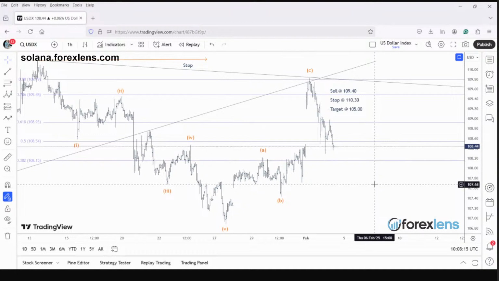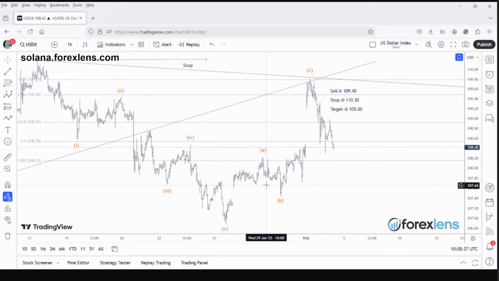If you can just catch that, we've got another 5 wave lower or higher. All right, so the stop for the dollar index remains at 110.30, and one can go short right now, or it could still be after a while, maybe around 109 or so.